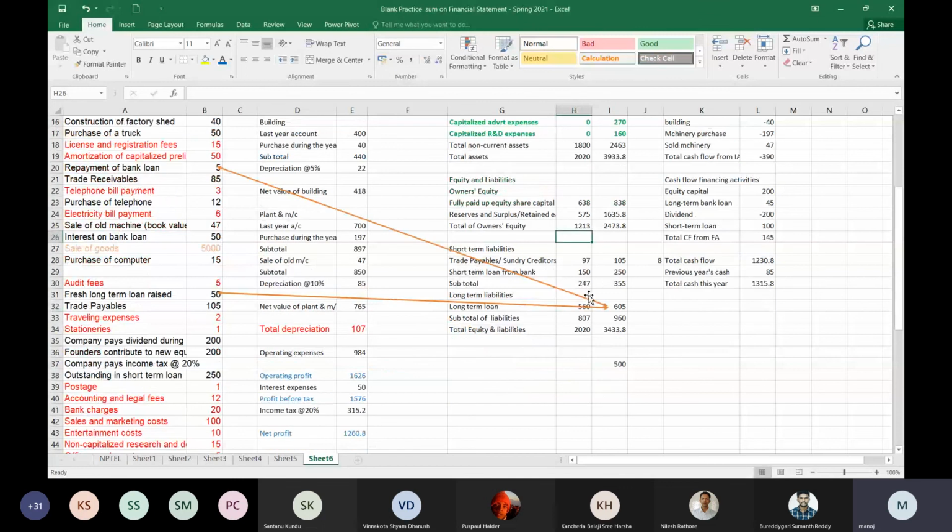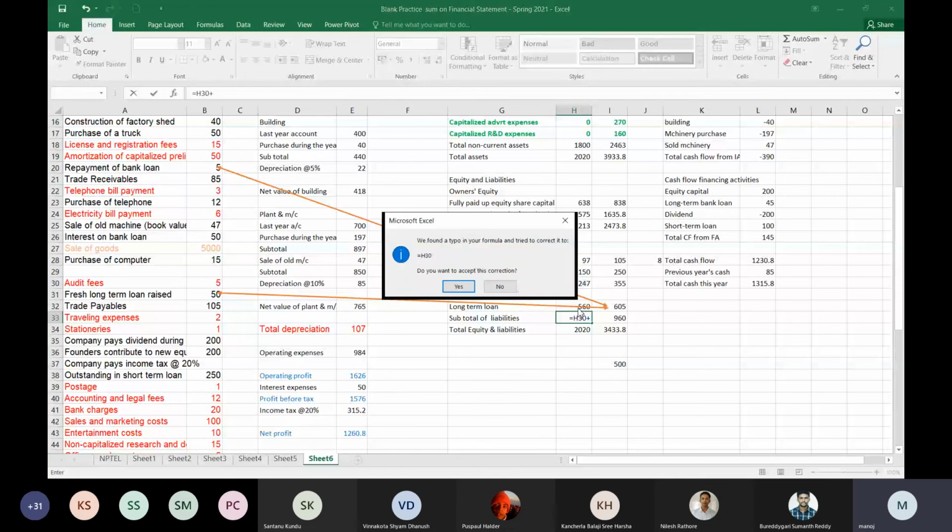Fine. Then subtotal of liabilities, subtotal of this is equal to this plus this, and then long-term liabilities, this plus this. Long-term liability, long-term loan is... subtotal liability is equal to subtotal plus this. Sorry.